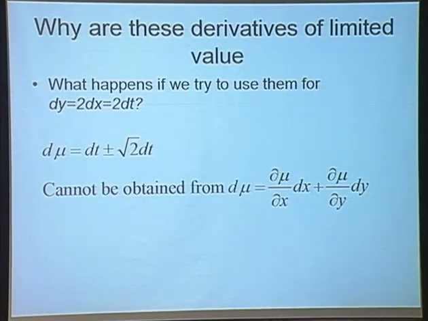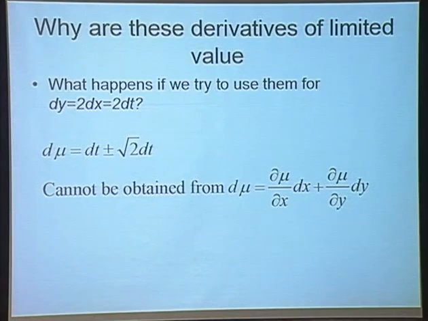So we have this strange situation with respect to the derivative of the frequencies. We can calculate them in any direction. It's just that we cannot use the derivatives in the coordinate direction to calculate the derivative in a third direction.